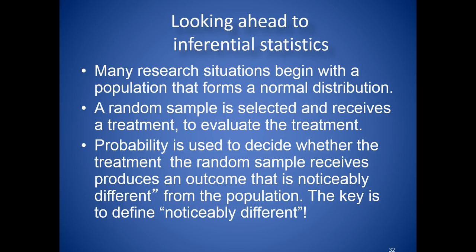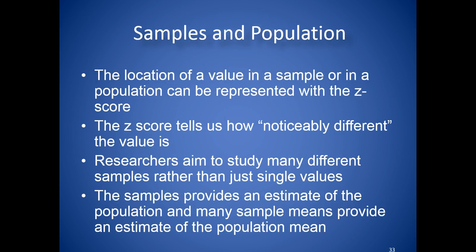Probability is used to decide whether the treatment the random sample receives produces an outcome that is noticeably different, or what we call statistically different, from the population. The key here is to define what is noticeably different, and that comes from your critical values.